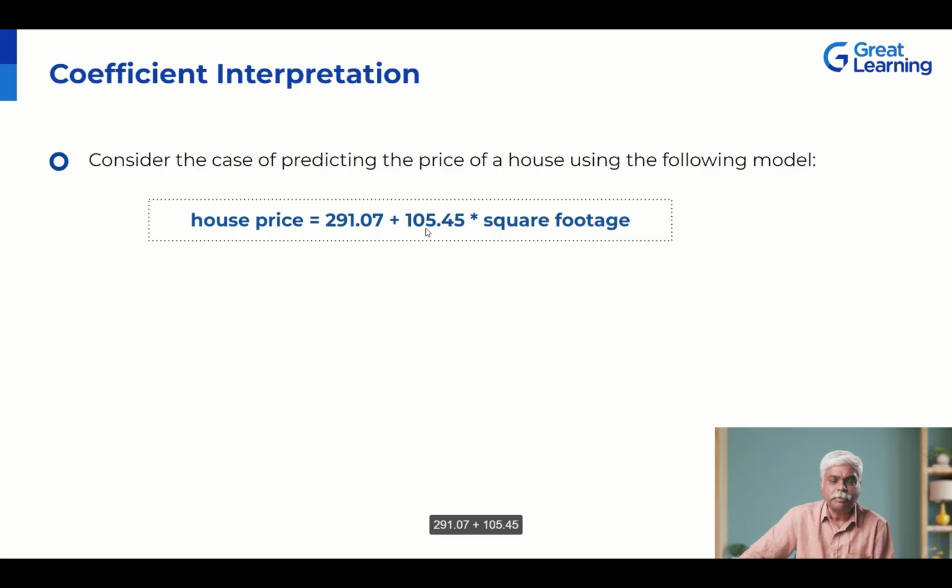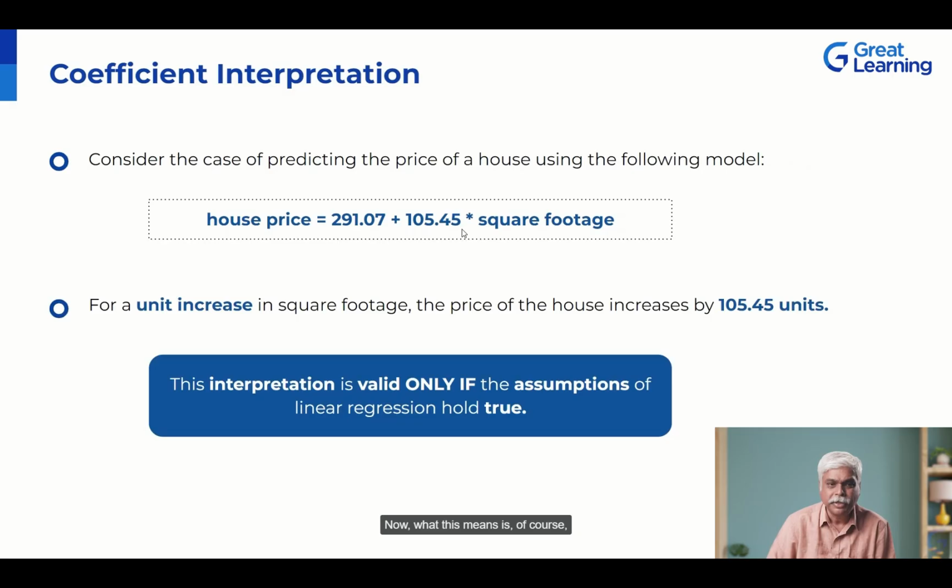291.07 plus 105.45 into square footage, floor area. Now, what this means, from the intercept's perspective, is that if the square footage is 0, then the house price is 291.07, which may or may not be very meaningful. But from a slope's perspective, if I have a unit increase in square footage, the price of the house increases by 105.45 units, again in the units that I have.